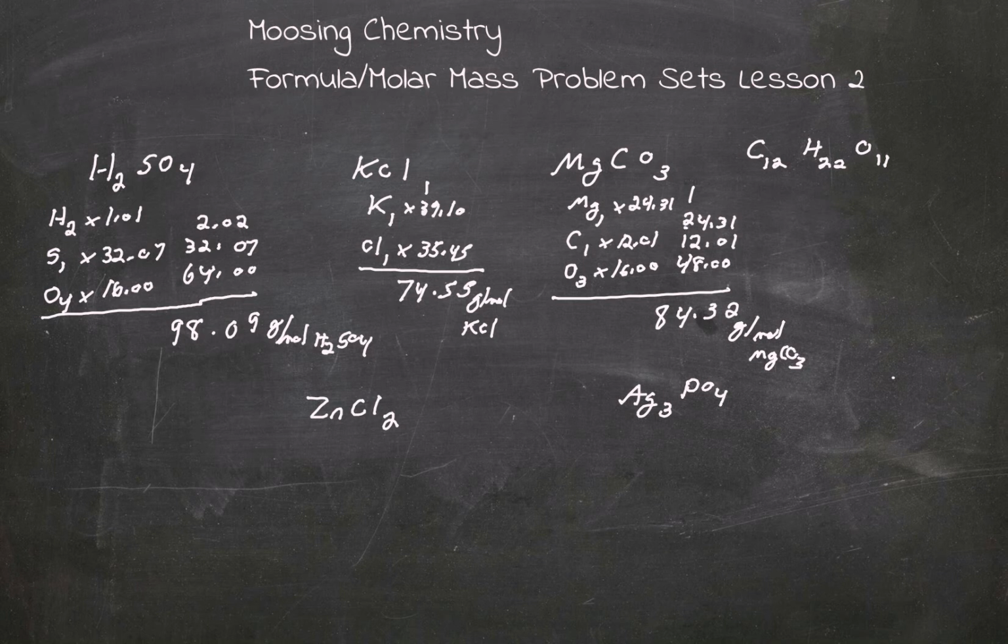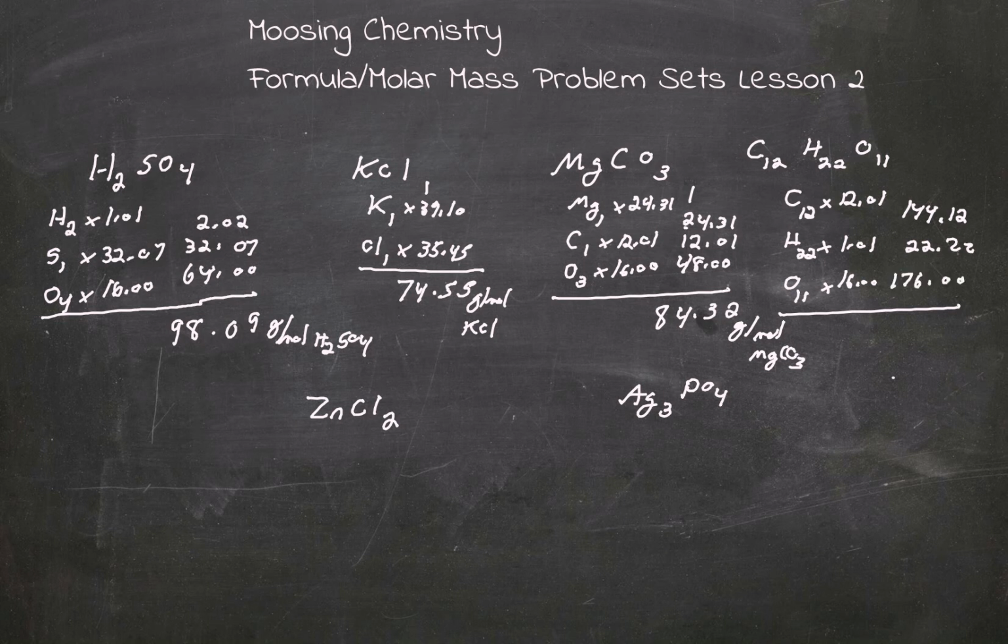All right, let's try this one. Ooh, this one's a good one. C12, so that's 12 times 12.01, H22 times 1.01, and O is 11 times 16. All right, so this gives me 144.12, 22.22, and I think, hang on for 1 second. I had to think about that oxygen for a second.